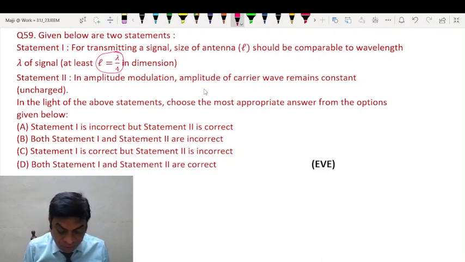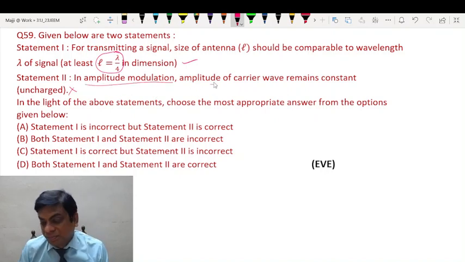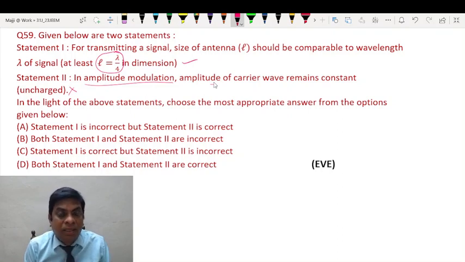In amplitude modulation, amplitude of carrier wave remains constant. This is absolutely wrong, students, because amplitude modulation means the amplitude has to change. The variation in amplitude of the carrier wave will be in accordance with the modulating wave.